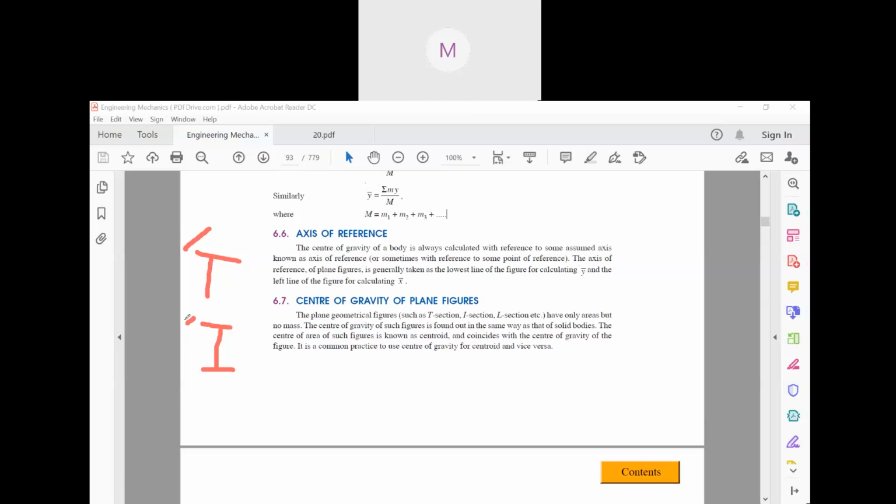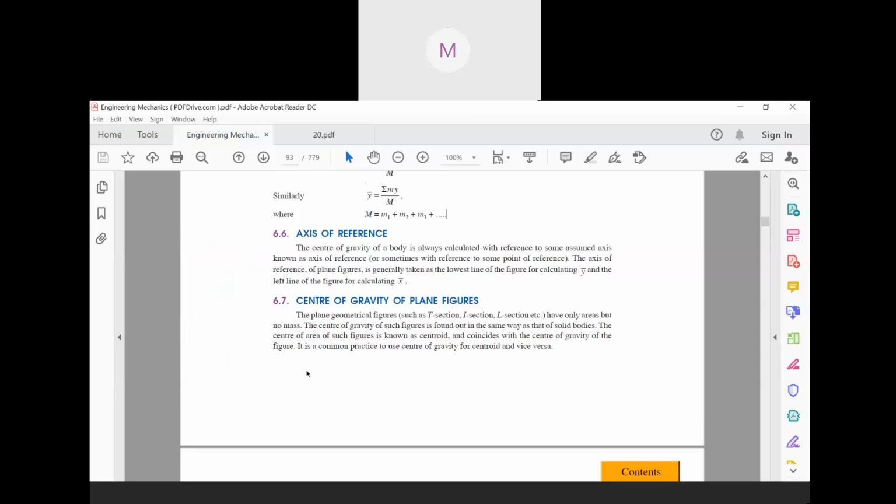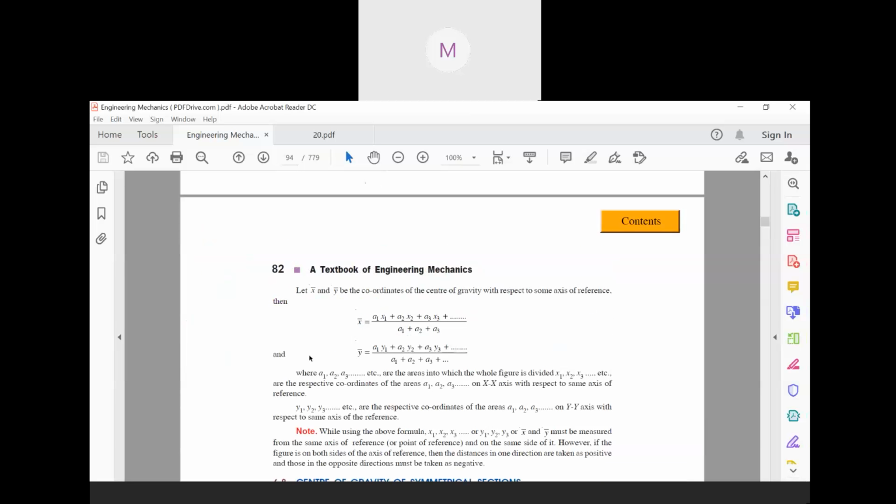Now the center of area of this particular figure T, suppose the central point is here. So this point is known as the centroid, and it generally coincides with the center of gravity of the figure. So in this way we will find out. Now how will you find out the coordinates?